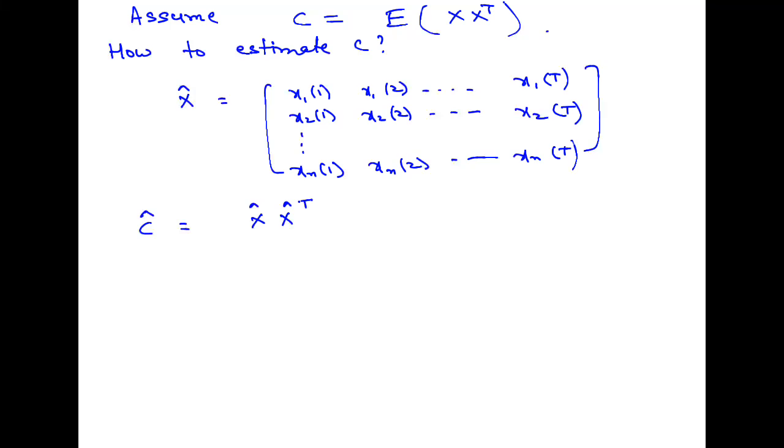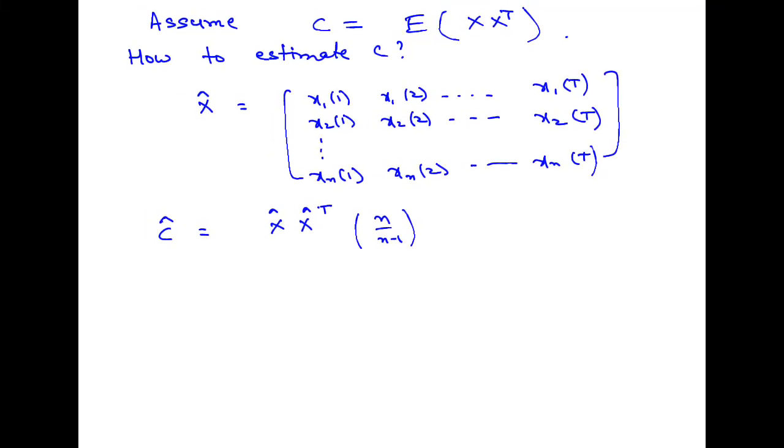I've already assumed that this variance is equal to 1, right? So n upon n minus 1 probably, to get an unbiased estimator. Okay, so I have an estimate for C now.